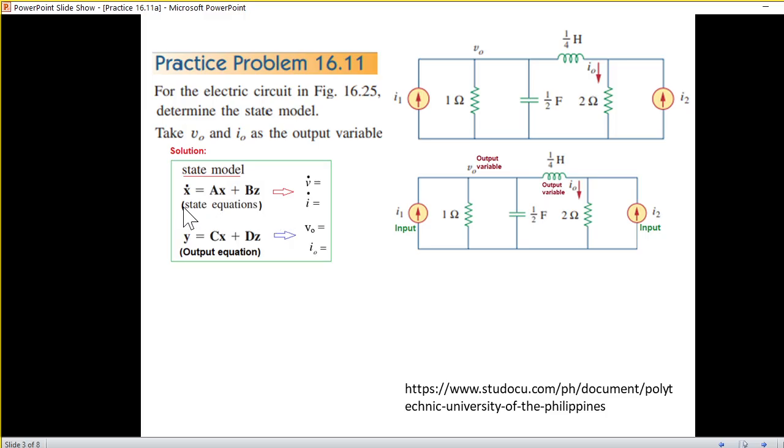The first equation, the state equation, we'll be using to find V dot, that is the capacitor voltage derivative dV/dt, and I dot, the inductor current derivative dI/dt. The second equation, the output equation, we'll be using to find V out or V0, and I0 in this circuit.